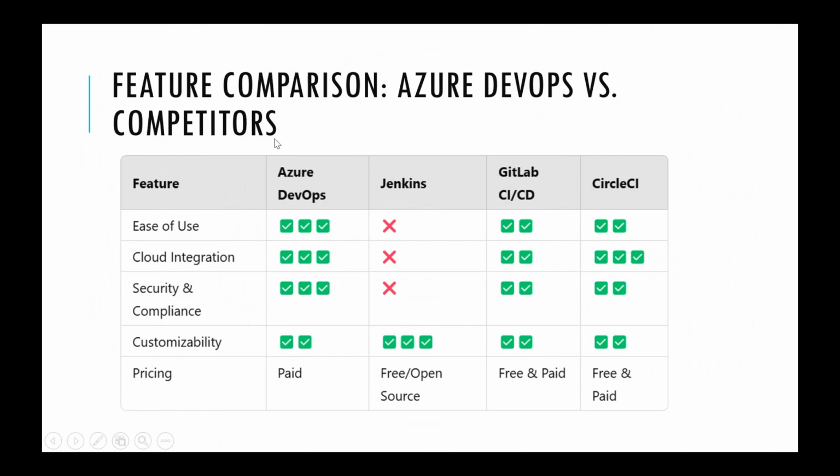Okay, now let's see the comparison of Azure DevOps versus other tools. These are some of the features on which we'll be comparing these tools. If you see the ease of use, you can see Azure DevOps is good in this case.